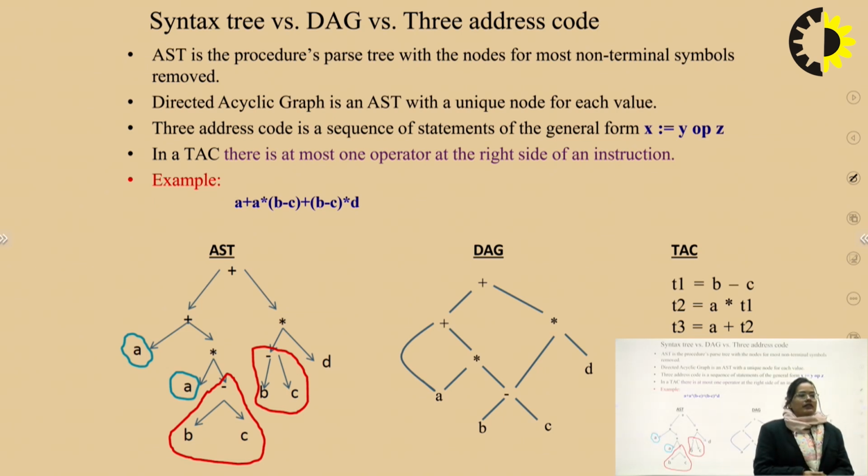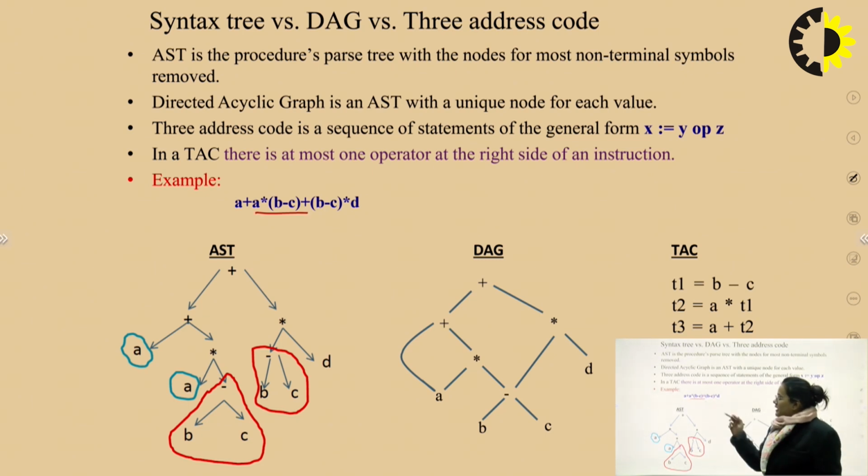Now, syntax tree versus DAG versus three address code. AST, abstract syntax tree, is the parse tree with the nodes for most non-terminal symbols removed. A directed acyclic graph is an AST with a unique node for each value. Three address code is a sequence of statements of the general form x = y operator z. In a three address statement, there is at most one operator on the right side of the instruction.